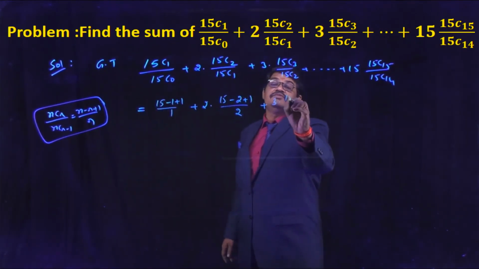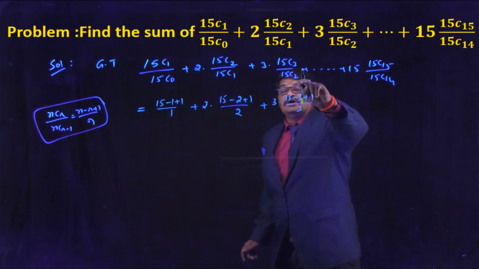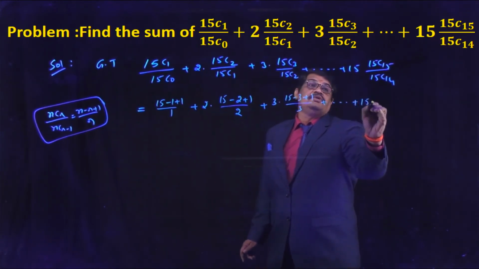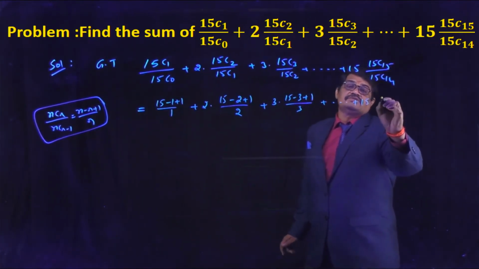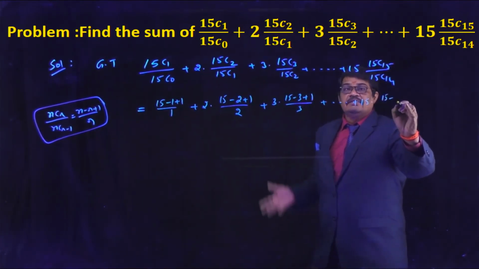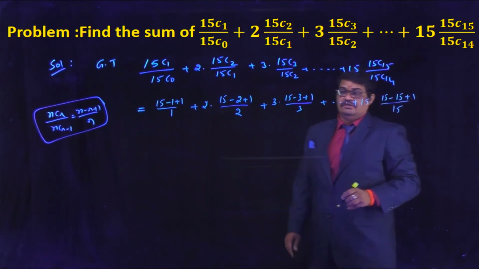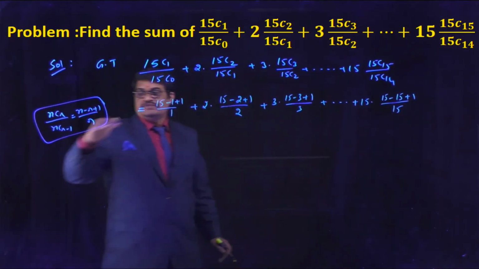So that is 15 minus 3 plus 1 by 3. Here r is 3, r minus 1 is 2, and so on. The last term is 15 into 15C15 by 15C14, that is 15 into n minus r plus 1 by r, where r is 15. Now each term we write using this formula.